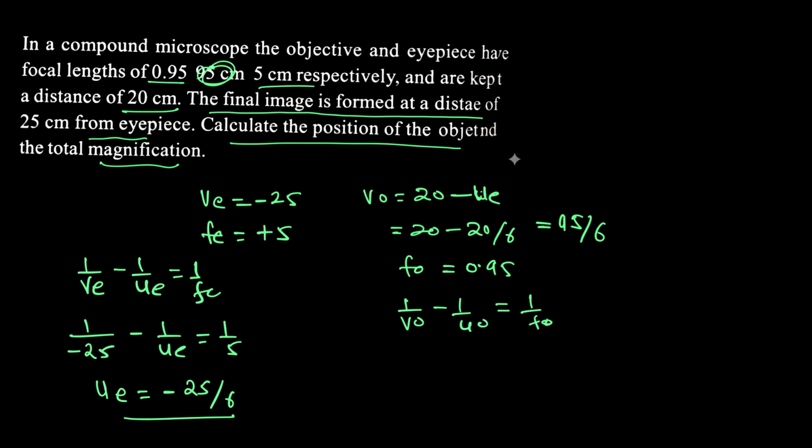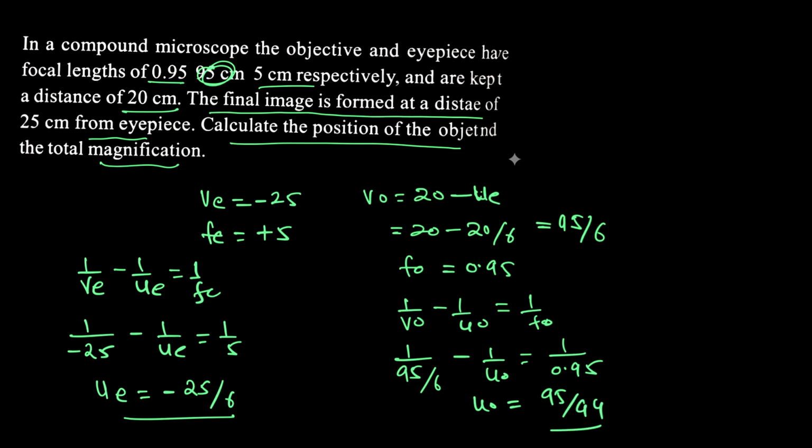Substitute values simply, so I can find out UO from here. So 1 by VO is 95 by 6 minus 1 by UO, and FO is 1 upon 0.95, and if I solve this whole thing, UO will be equal to 95 divided by 94.